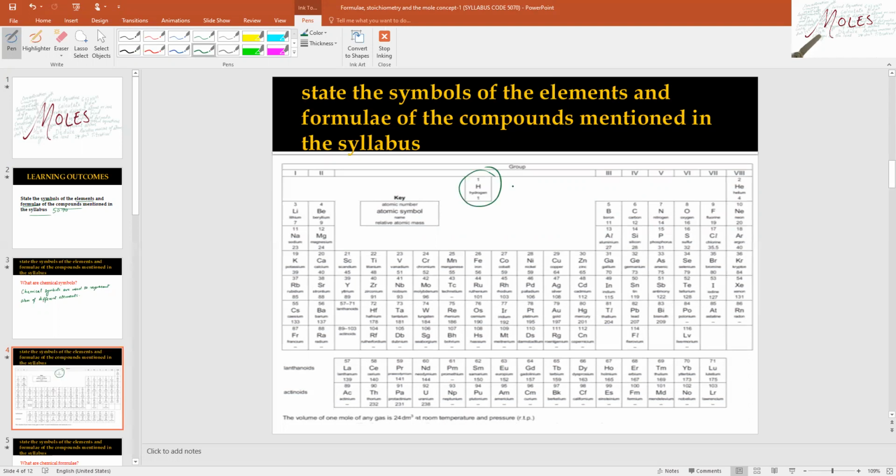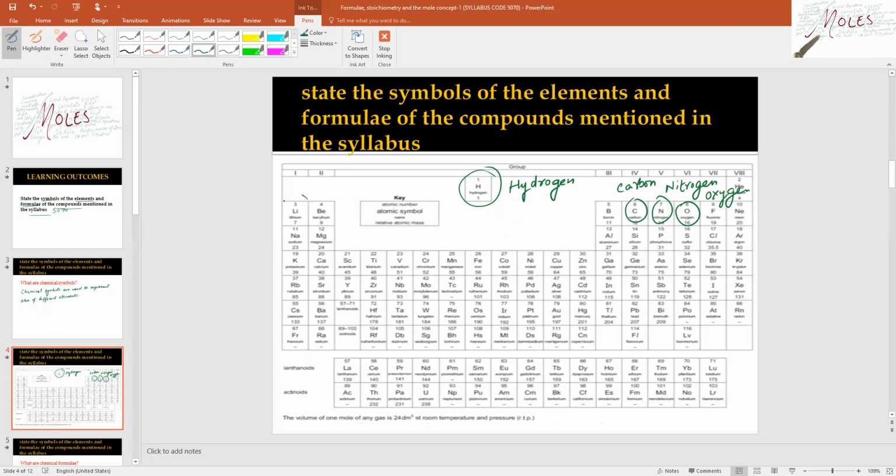This is H for hydrogen, C for carbon, N for nitrogen, O for oxygen, and so on. In some cases, two letters are used for symbols. The first one is capital, while the second letter is always small.